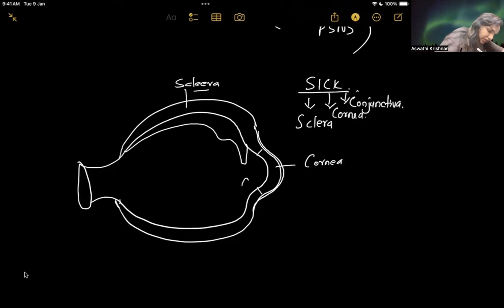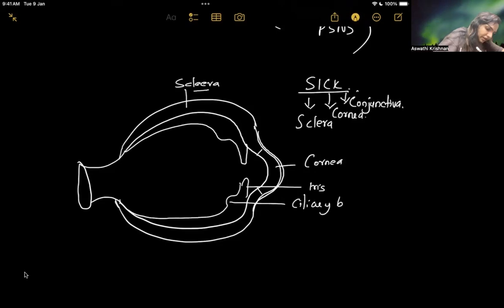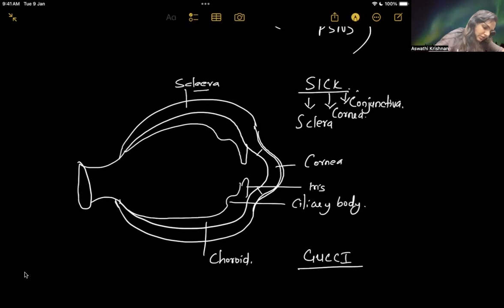You must have seen a layer like this, right? This is the iris. This is the ciliary body. And this is the choroid. Now, the second layer, the second coat, is the mother coat, wearing a Gucci coat.